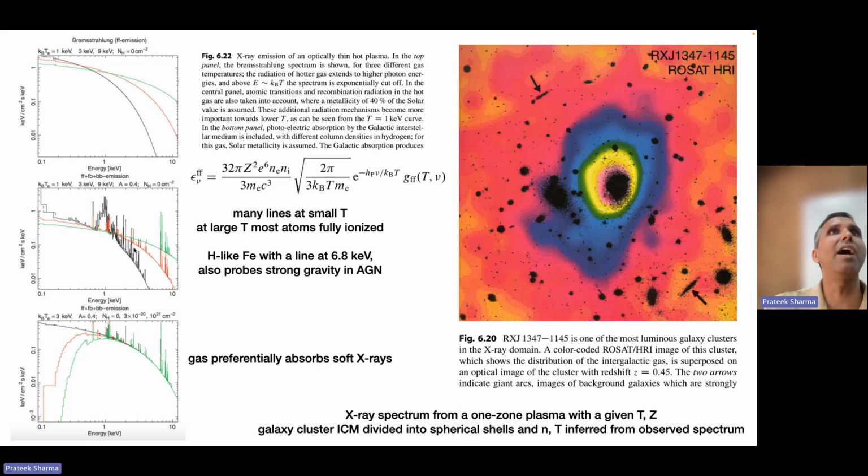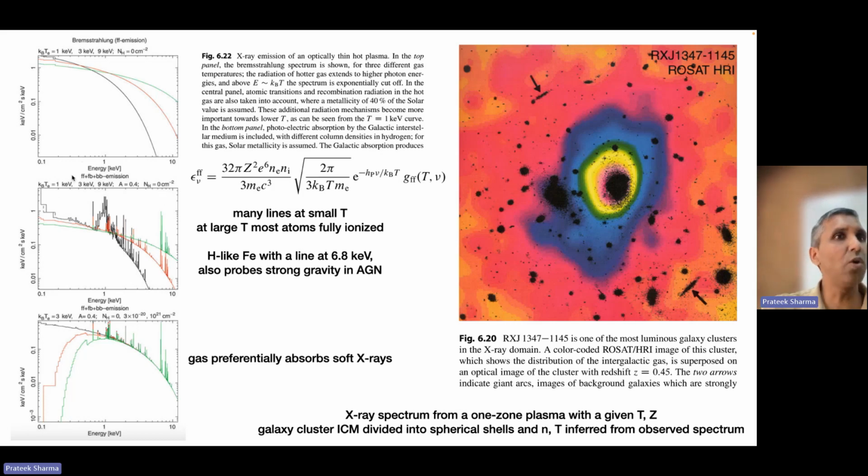These come from highly ionized ions, especially from iron, because iron has a very high ionization potential. So even at such high temperatures of order 10 to the 7, 10 to the 8 Kelvin, the atoms are not totally stripped of their bound electrons. So that's why you have these lines.